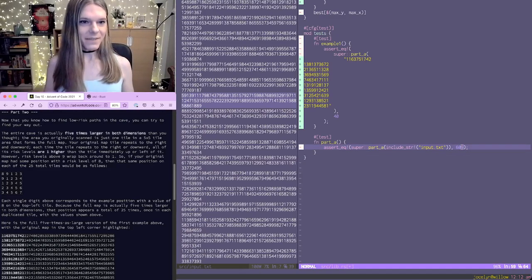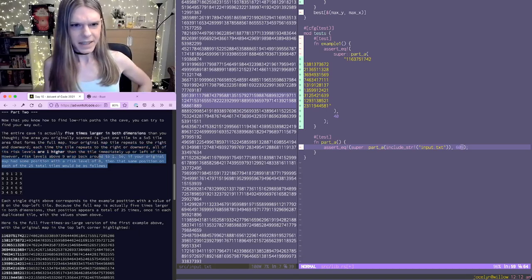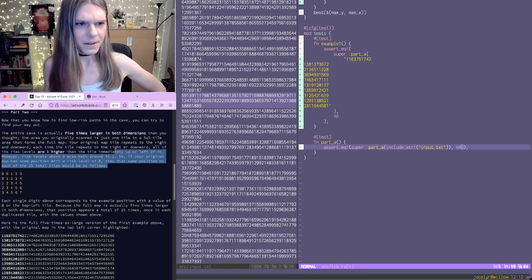Okay. The entire cave is actually 5 times larger in each dimension. And the area we originally scanned is just 1 tile. All of its risk levels are 1 higher than the tile immediately up or left of it.